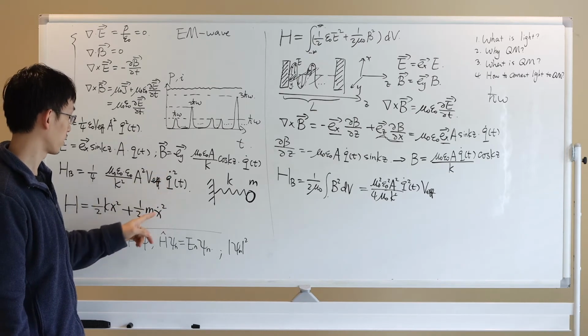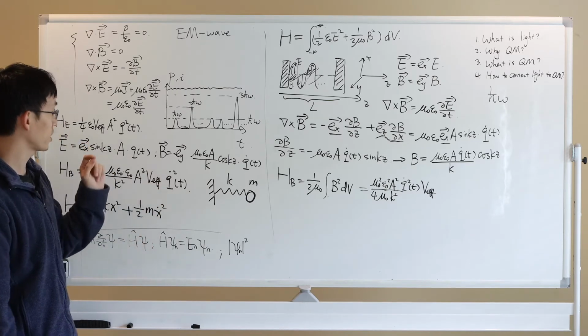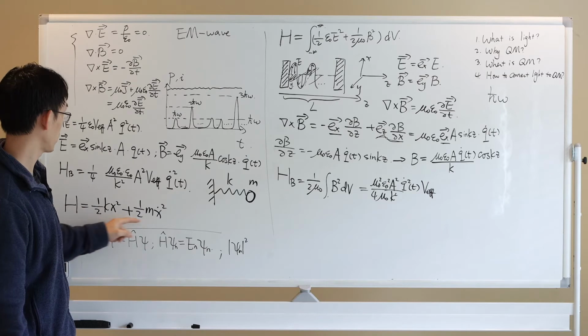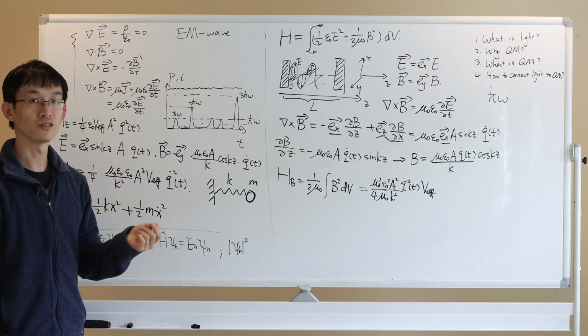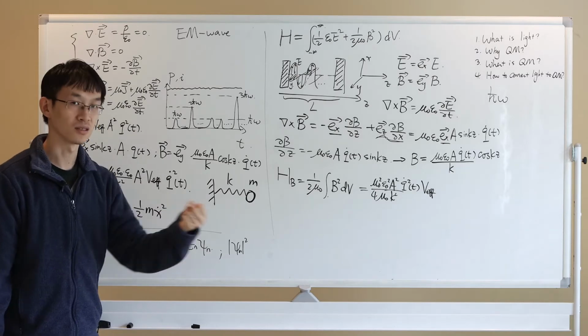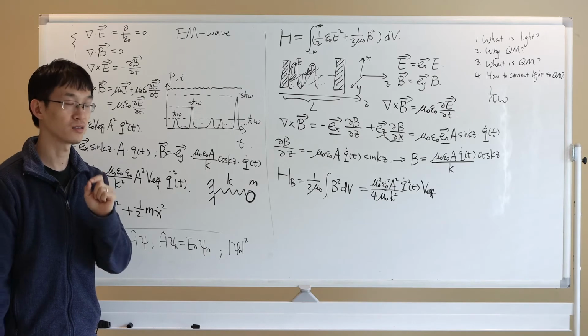Okay, that shows you here and there. And so from a mathematical standpoint, when you write down an energy in a form like this, you can't really tell if this is a harmonic oscillator or an EM wave. Okay, and you might wonder, how is that possible? Why is there such a link?